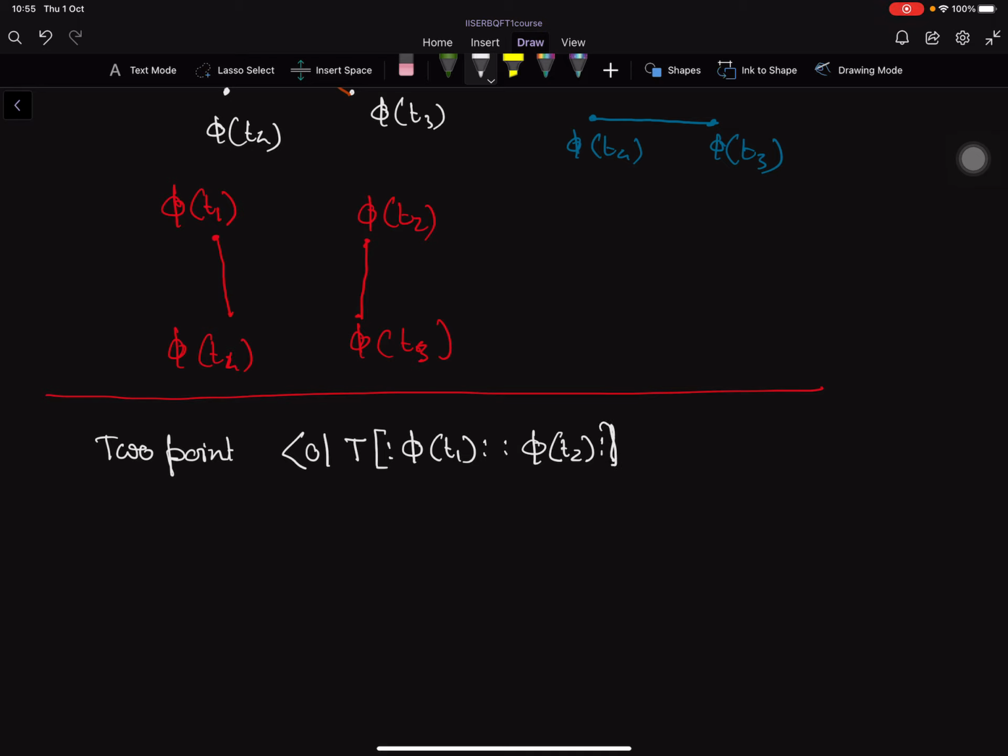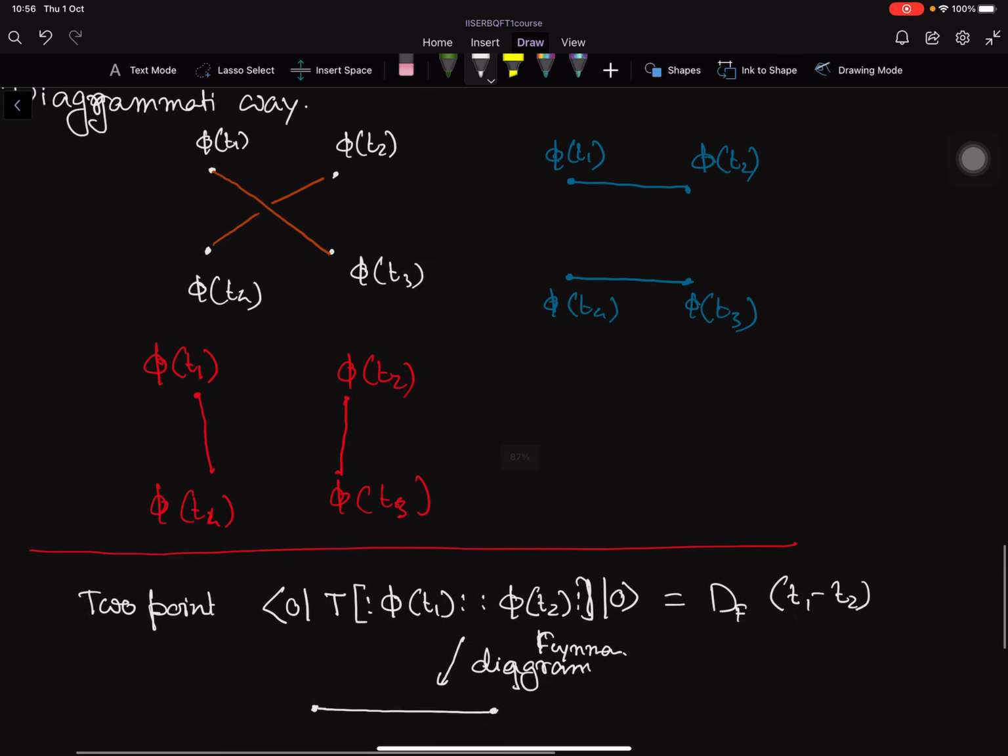So we know that this is simply the Feynman propagator, and this is usually drawn as you draw 2 points and you connect them. So this thing is the diagram. Actually, these are called Feynman diagrams.